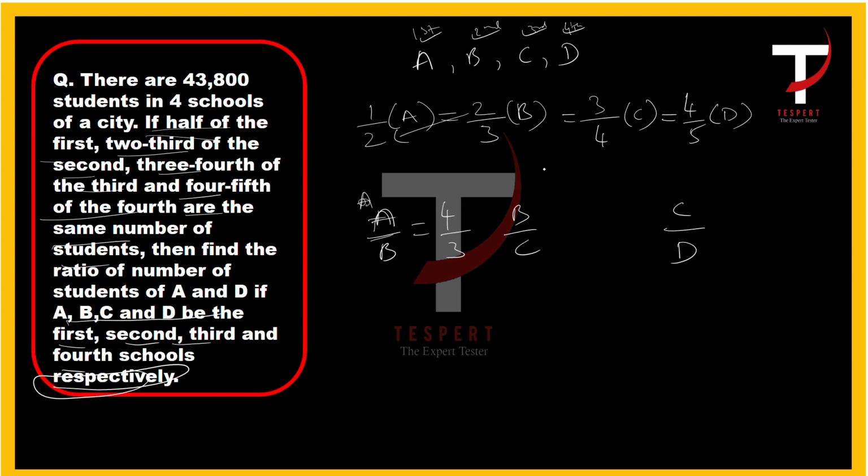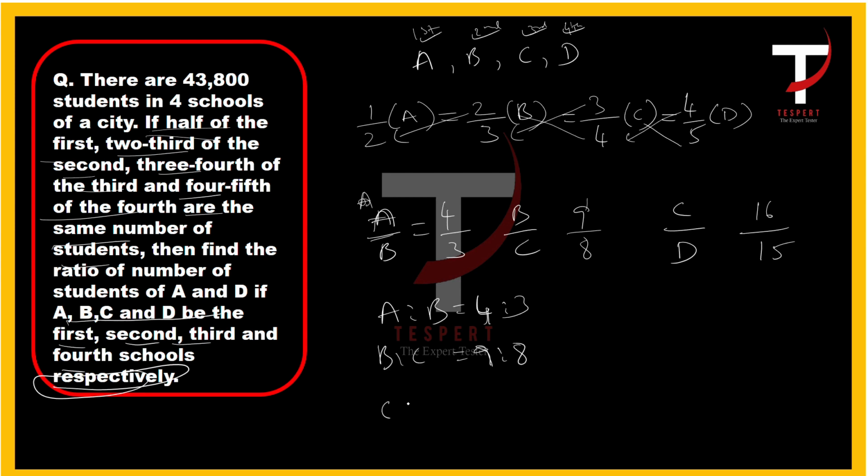B by C is equal to 3 3s are 9 and 4 2s are 8. C by D is equal to 4 4s are 16, 5 3s are 15. So here we have A is to B as 4 is to 3, B is to C as 9 is to 8, and C is to D as 16 is to 15.